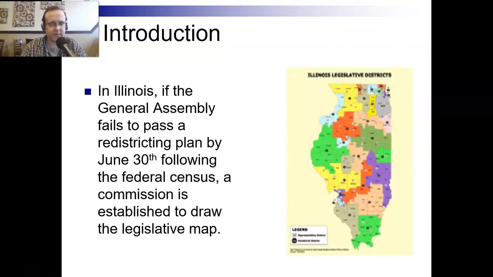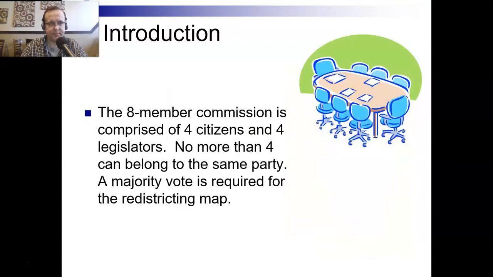So here's the meat of what I wanted to get at. In Illinois, if the General Assembly fails to pass a redistricting plan by June 30th following the federal census, which we usually do, a commission is established to draw the legislative map. There are 8 members in this commission, 4 citizens, 4 legislators.